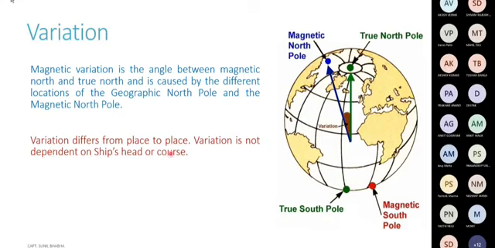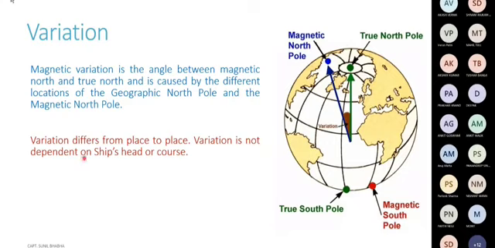Variation will differ from place to place. So as the ship changes its position, the variation also keeps on changing. You can visualize it here in the diagram. Now, as the position of the observer keeps on changing, the angle between the magnetic and geographic North Pole will also keep on changing.